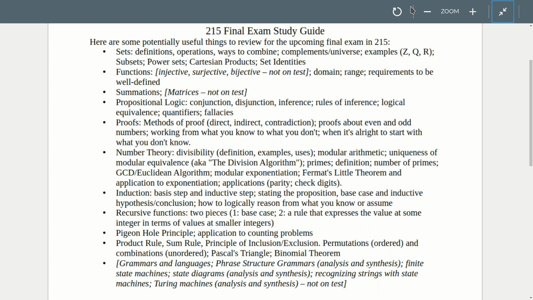We talked about finite state machines, a little bit with state diagrams, using state machines to recognize strings. And we talked about Turing machines as an example of a finite state machine, and analyzed some programs and put together some programs for that.